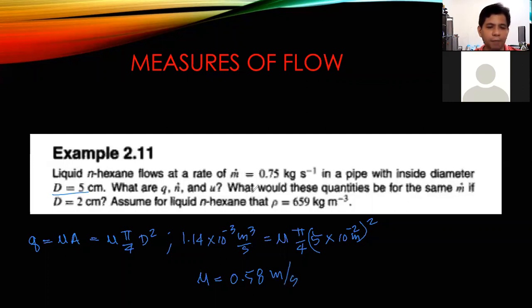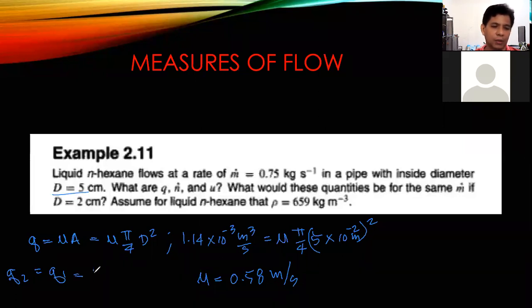Okay. Sa second part, you are asked to calculate Q again. So since hindi naman nagbago ang density, okay, you will find the same Q. No? So what I'm trying to say is Q2 is equals to Q1 kasi hindi naman nagbago ang density natin at hindi rin nagbago ang mass flow rate natin.